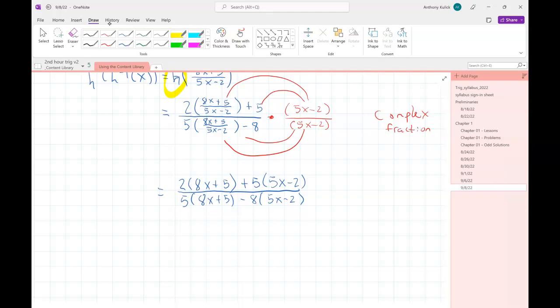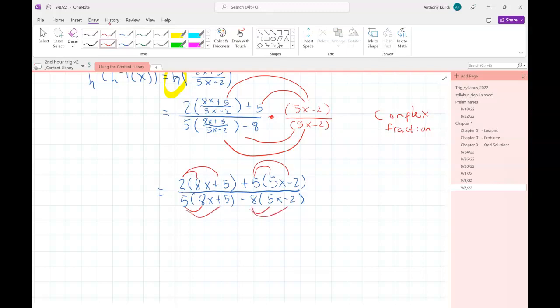But look at what's happened since I've done that. What did I get rid of? One layer of fractions, right? Now we just got one single fraction. That's an improvement. Everybody agree? Okay, what do you think I want to do next to simplify this thing? Yeah, that's right. So we'll distribute.